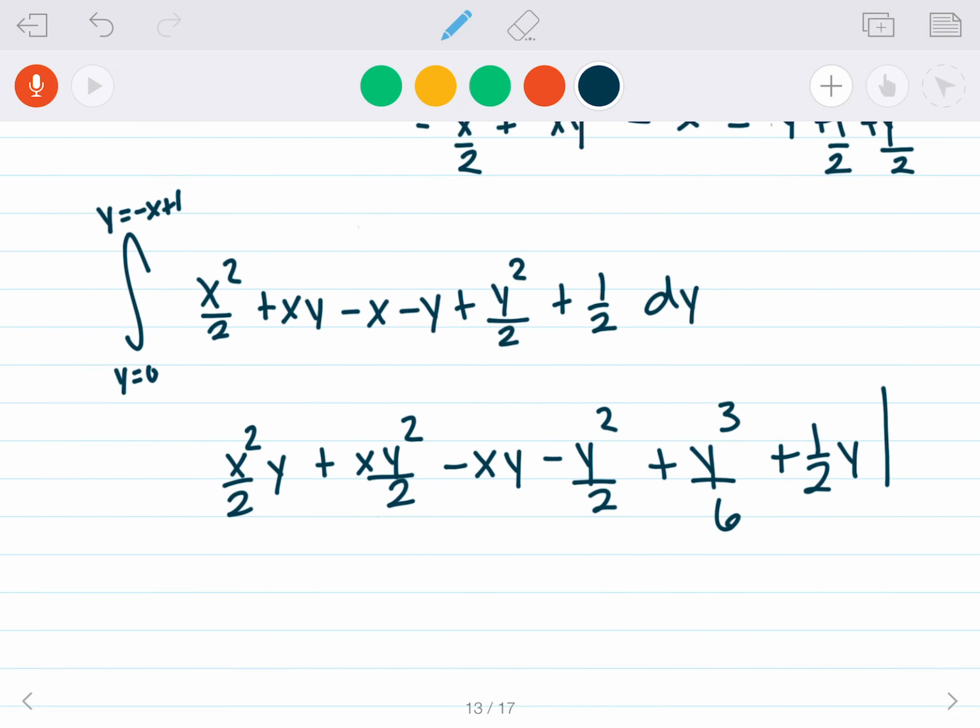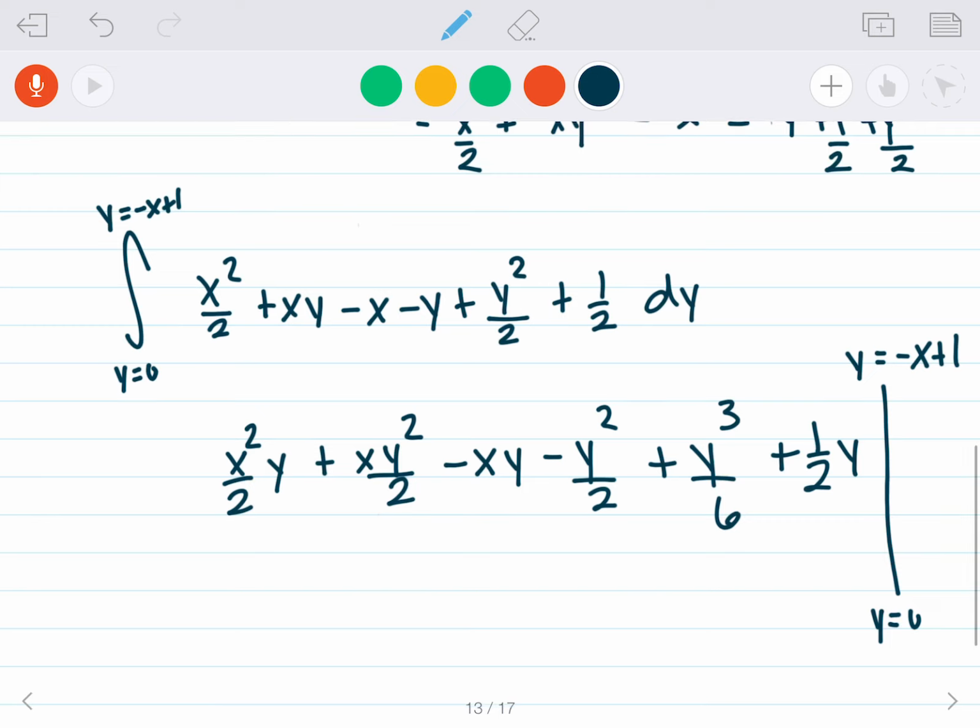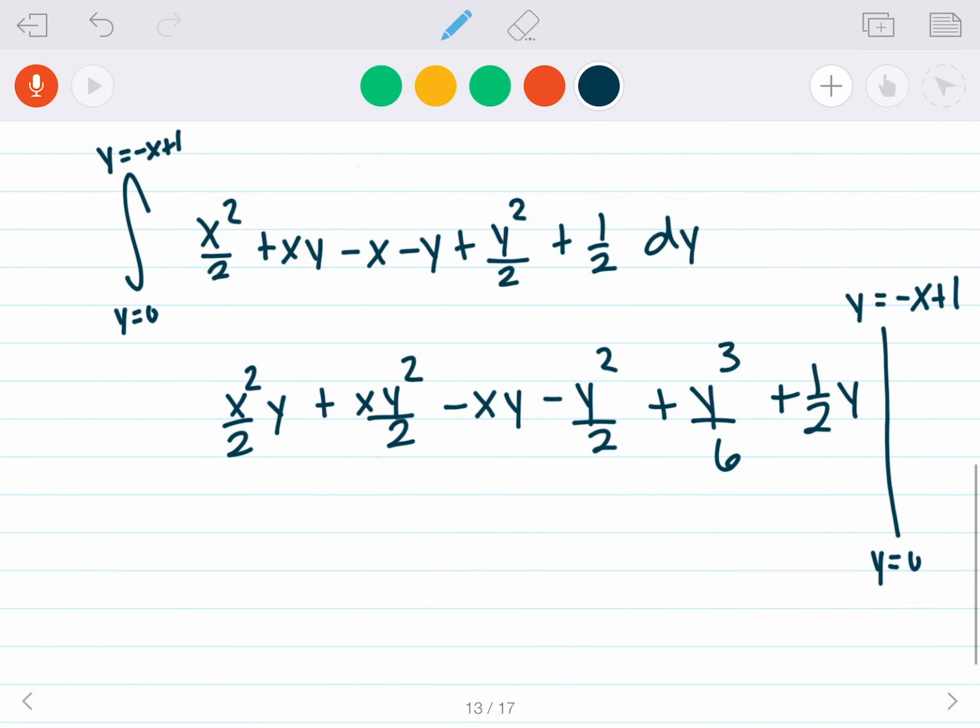And we're going from y equals 0 to y equals negative x plus 1. Alright, so the 0 stuff is going to clear.